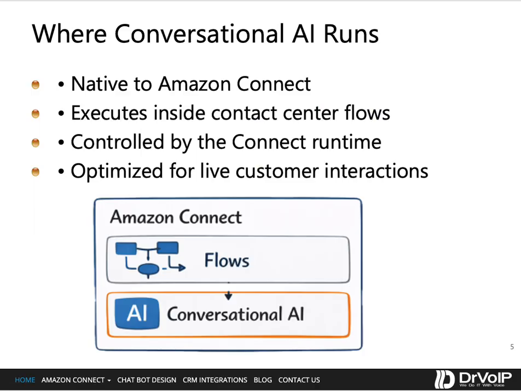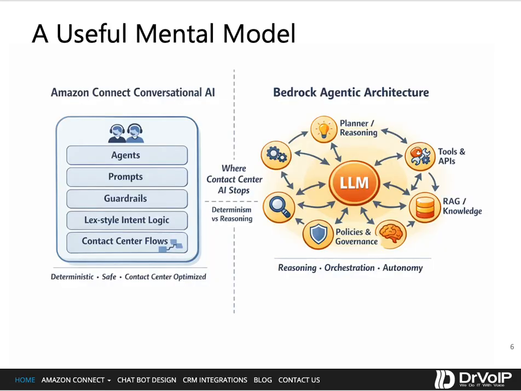They don't involve Bedrock directly, maybe in the background, but you can't touch it. It executes inside contact flows. It's controlled by the Amazon Connect runtime engine, and it's optimized for live customer interactions.